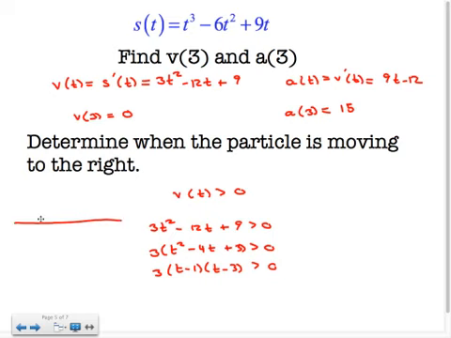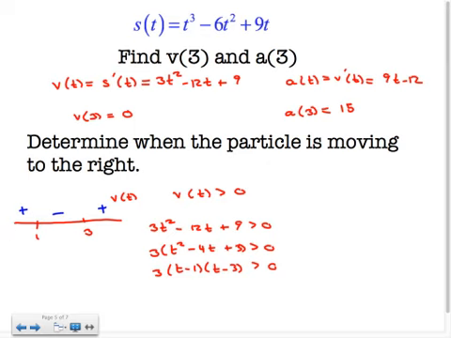Since we weren't given any restrictions, we can go past 0 if we want. So we have 1 and 3 on the sign chart. This is a sign chart for what? Velocity, label it. Positive numbers bigger than 3, like 10, will give us a positive velocity. A number like 2 would give us a negative velocity, and numbers less than 1, like 0, will give us positive velocity.